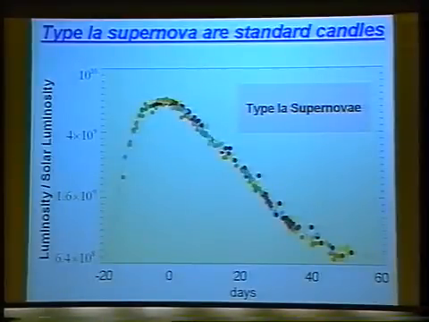Type 1a supernovae are exploding degenerate stars that do not have an atmosphere, and the intrinsic luminosity divided by the solar luminosity of these objects is believed to be calibrated, and these different colors correspond to different supernovae. There's a certain light curve that the supernovae follow, and if you measure a supernova light curve, you can determine the peak luminosity and use that as a standard candle.